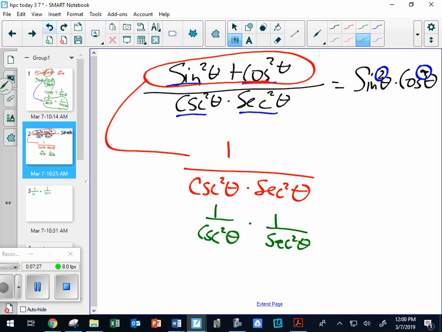And that does make it look a little cleaner. Because I bet you can find 1 over cosecant up there. And what was 1 over cosecant? Sine. And I bet you can find 1 over secant up there. Cosine. And I think I just did it. Yay! There it is.